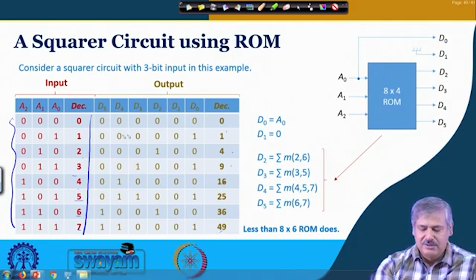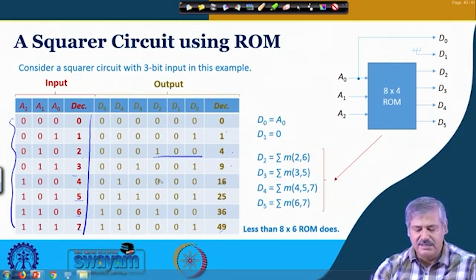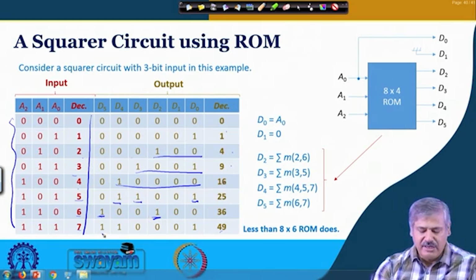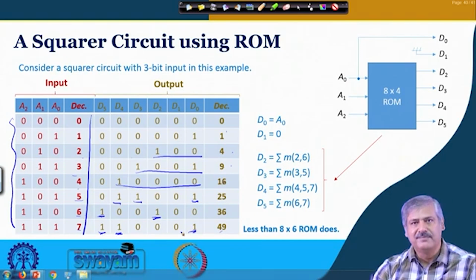So, 0 is all 0, 1 is 0 0 0 0 0 1, 4 is 0 0 0 1 0 0, 9 is 0 0 1 0 0 1, 16 is 0 1 0 0 0 0, 25 is 16 plus 8 is 24 and here is a 1. 36, so 32 and 4, these two you can see, and 49 is 32, 16 and this is 1.